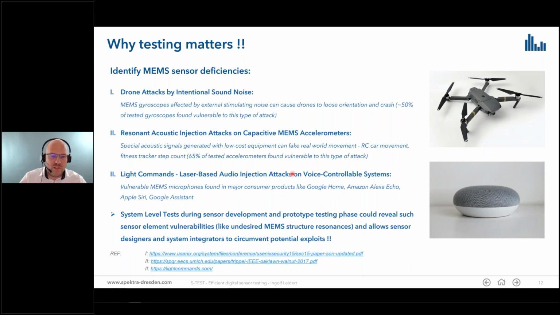And why I show these three examples is to ensure, very early in the design and also in the integration phase when you integrate MEMS sensors into your products, that you are very sure you do not have any deficiencies in that device that could harm people or even make your product not really attractive in the market.